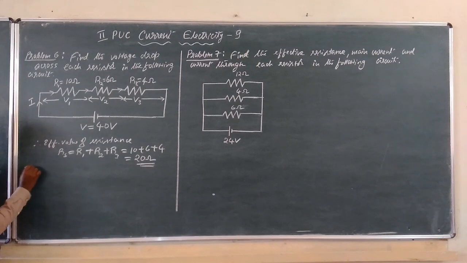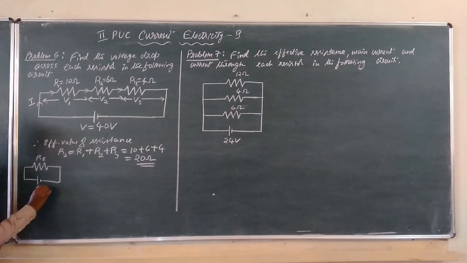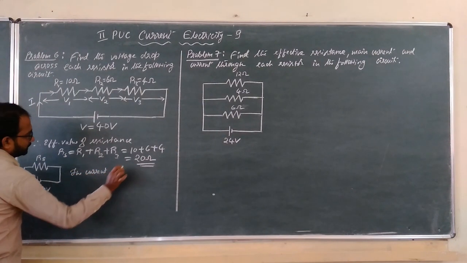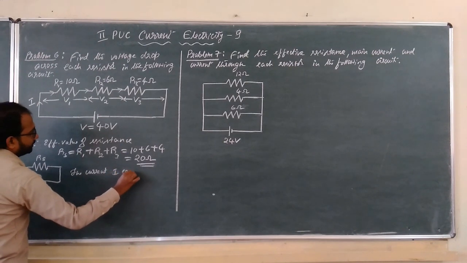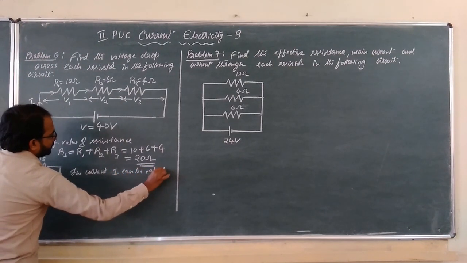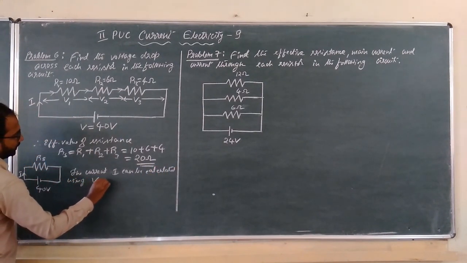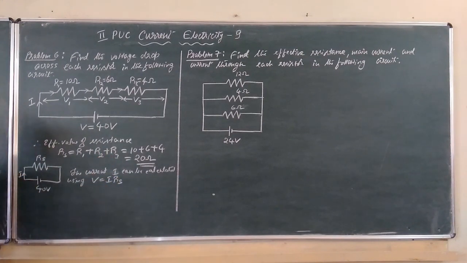Now the circuit is simplified to this: Rs, source voltage is 40 volt and current is I. Now find out the value of I, the main current. The current I can be calculated using V is equal to I into Rs, using Ohm's law.